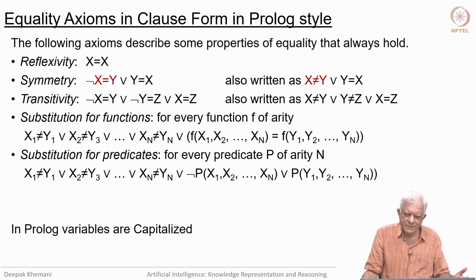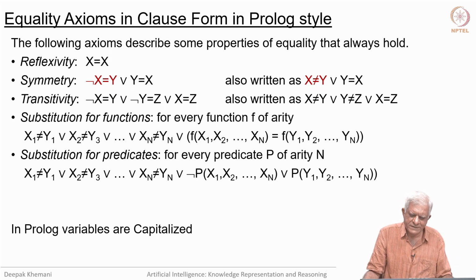Because we are talking about variables here, we can replace them with uppercase letters X, Y and Z, and as you can see, it is perhaps a little bit more legible than it was earlier. We will use both forms.